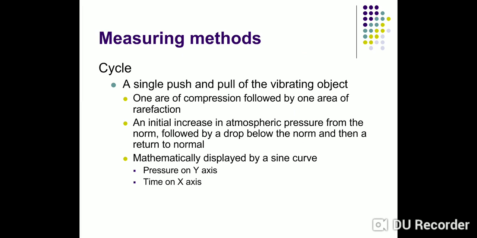Now, measuring methods. Various methods are used. First one is cycle, a single push and pull of the vibrating object, such as one area of compression followed by one area of rarefaction, and an initial increase in atmospheric pressure from the norm followed by a drop below the norm and then a return to the normal according to the propagation of sound waves, and mathematically displayed by a sine curve.